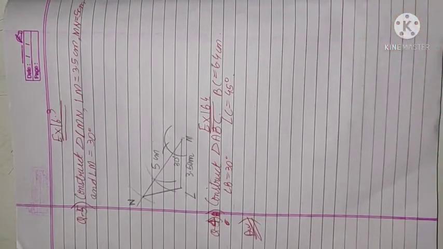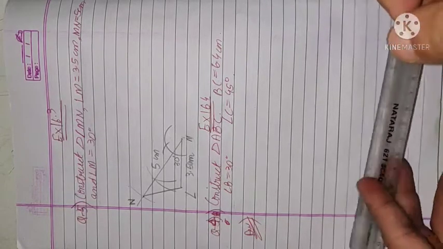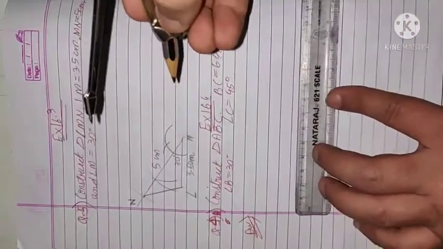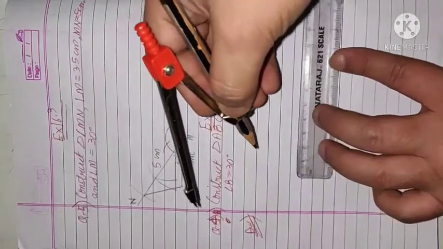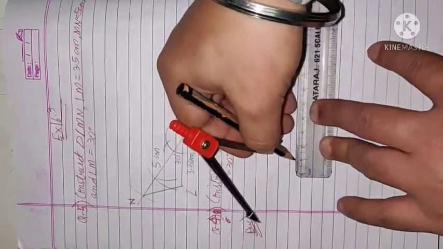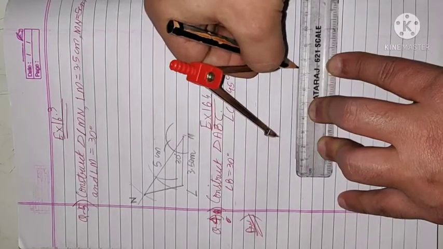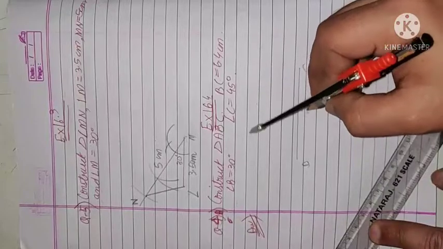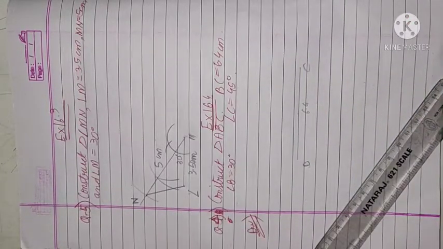So this is our next question that says that we have to construct a triangle where side BC is given as 6.4 centimeters. So first we will construct a side BC that is 6.4 centimeters. Okay, this is the side BC that is 6.4 centimeters. Now what? Angle B is given as 30 degrees.